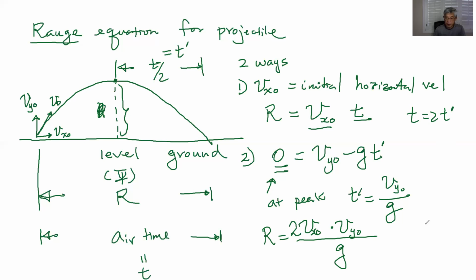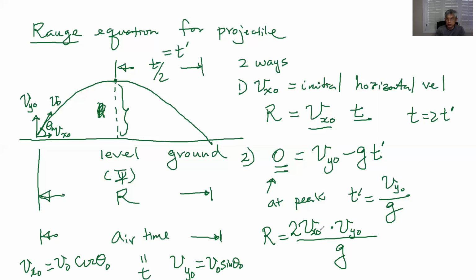Okay, now we know Vx0 is equal to V0 times, and that's just called this one theta 0, right? So the initial angle for the velocity. So it's V0 times cosine theta 0, right? And then Vy0 is equal to V0 sine theta 0.